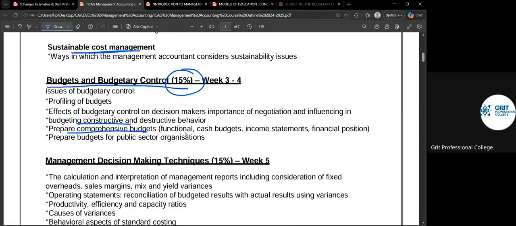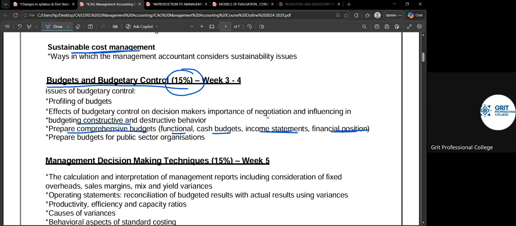Within the master budget, you clearly have the functional budget, cash budget, income statement, financial position. In recent times, a number of them have been tested. Income statement, financial position, I think in November 2025, you saw a question coming from there. Last sitting, nothing from core budgeting was asked, but something from budgetary control was definitely tested.